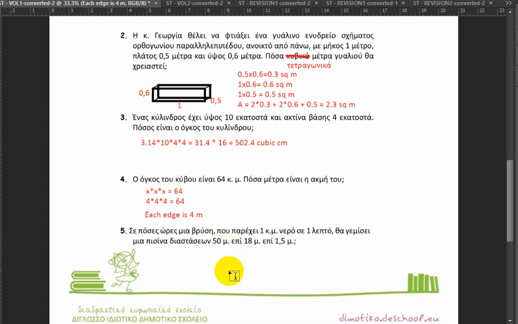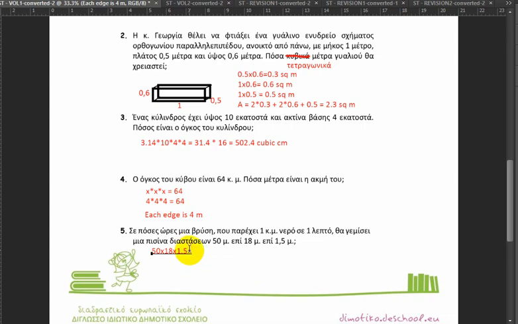So basically we need to find how many cubic meters the pool is, and then say we're going to need that many minutes, which means this many hours. So let's find how many cubic meters the pool is by doing 50 times 18 times 1.5.